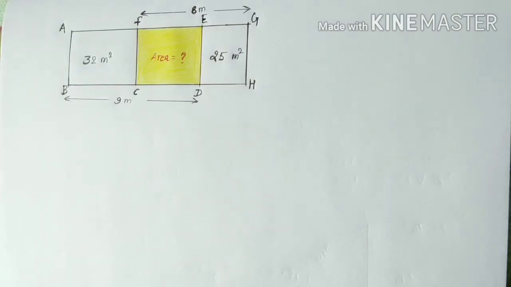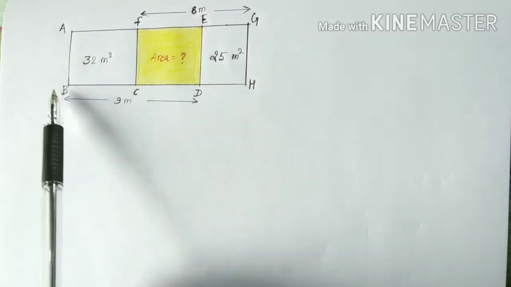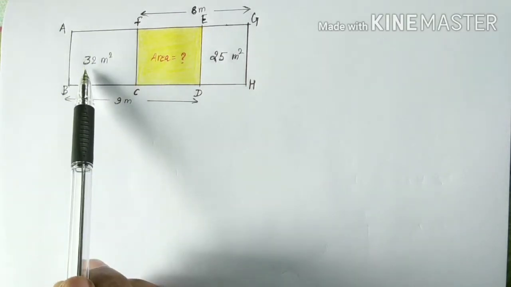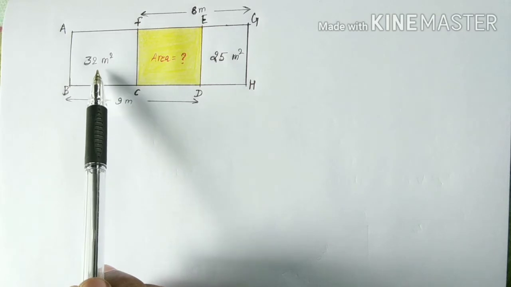Today also I came with one of the very interesting questions. As you can see here, the question is: the area of rectangle ABCF is 32 meter square.